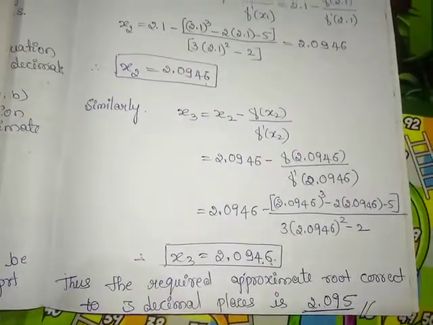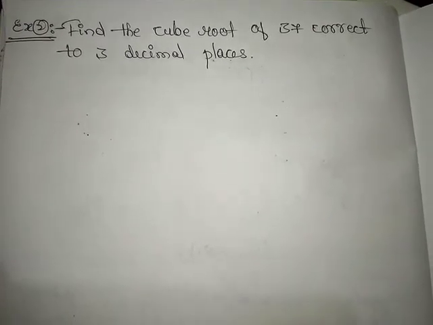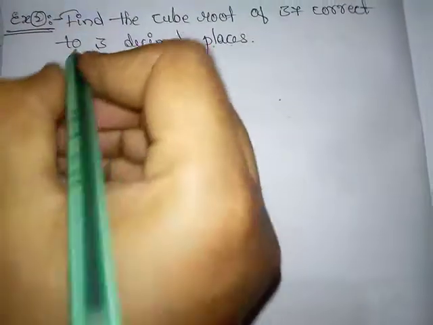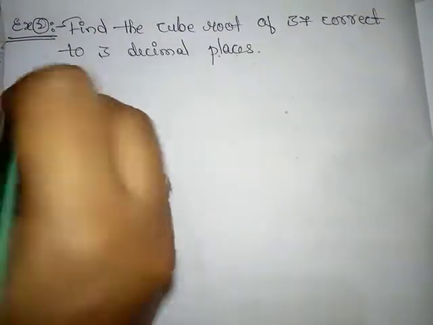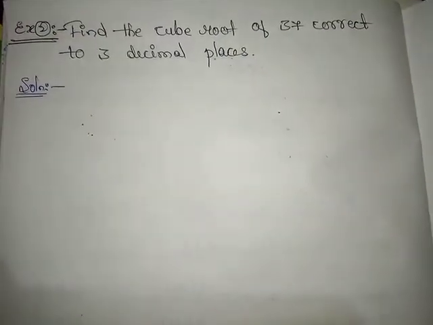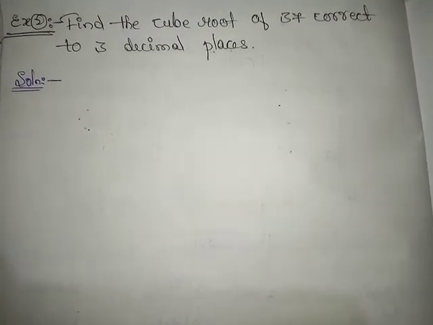Next example. Second example, find the cube root of 37 correct to 3 decimal places. Solution. You already know the procedure of the Newton-Raphson method. This is very simple as compared to the Regula-Falsi method.